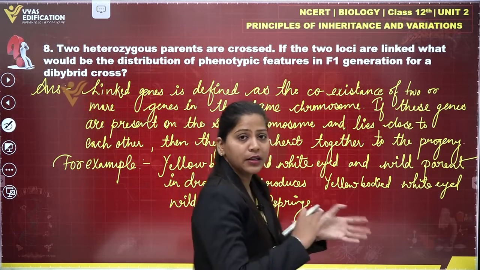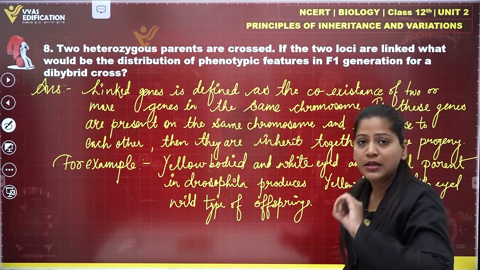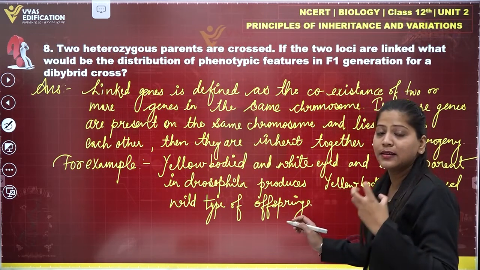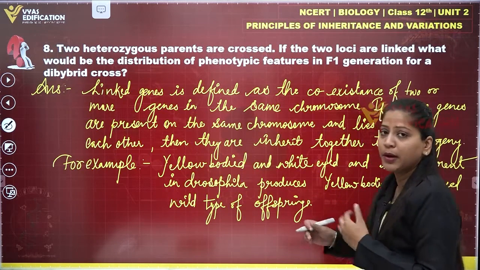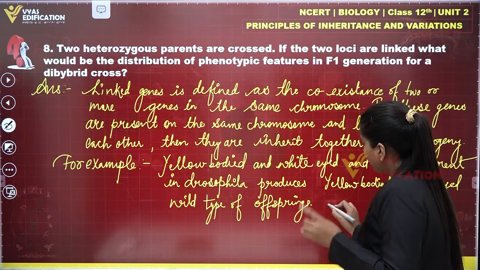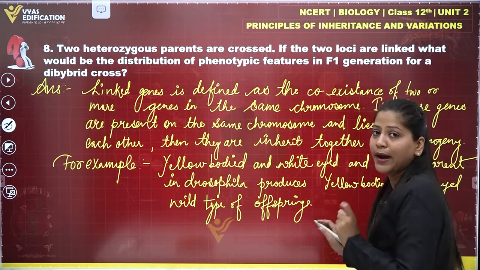The sexes are interchanged and the linked genes are interchanged. Alright, why are these linked genes of yellow body and white eyes changed? Because there is linkage. So linkage is seen in the genes of yellow-bodied and white-eyed.